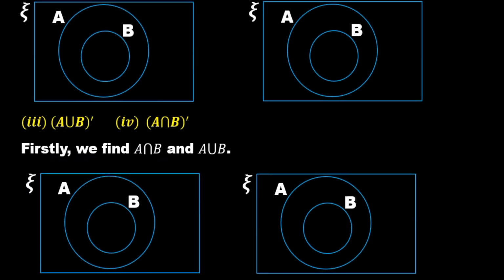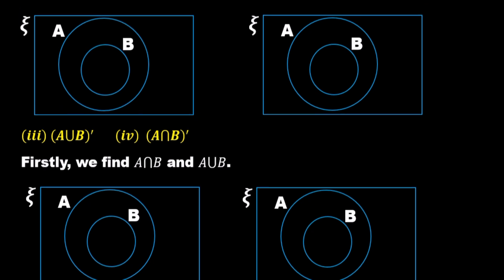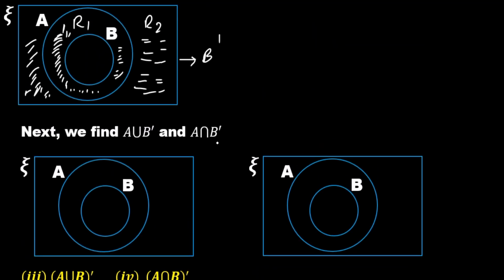Next we have to find the union and intersection of B complement with A. Now when you take the union of B complement with A, the above figure will remain the same. That is, A union B complement consists of the union of two parts, A and B complement, but the above figure already contains the set A. So in this case, we have two regions.